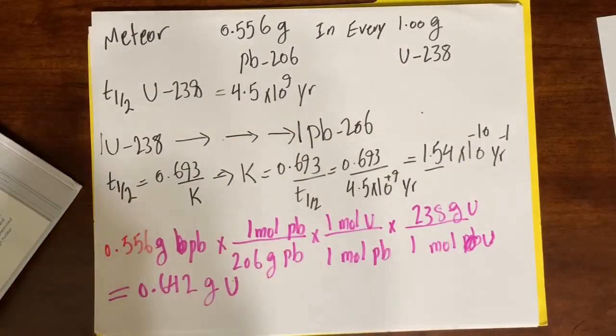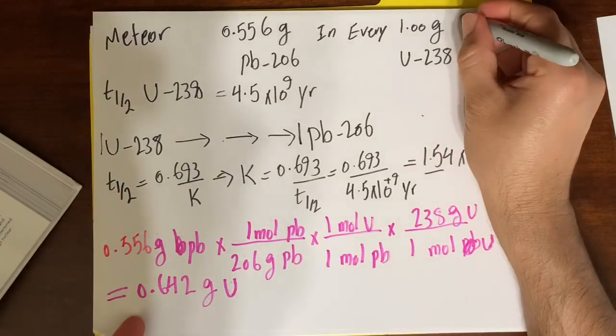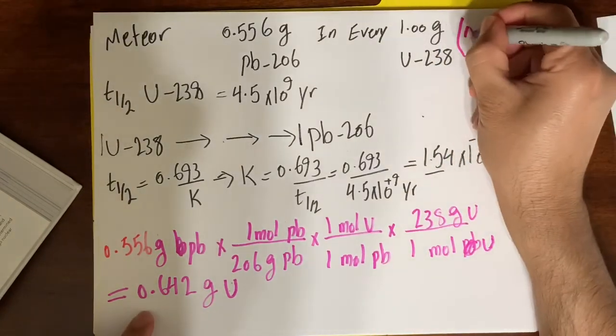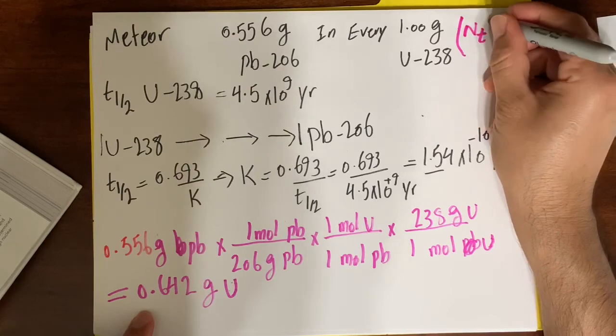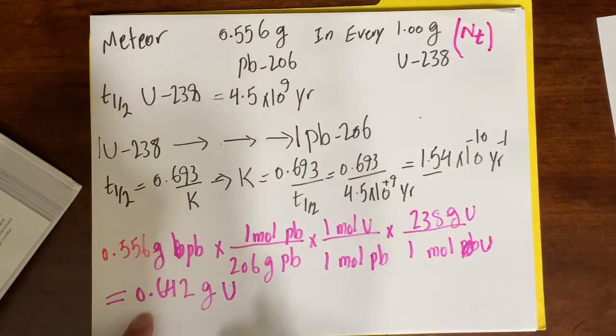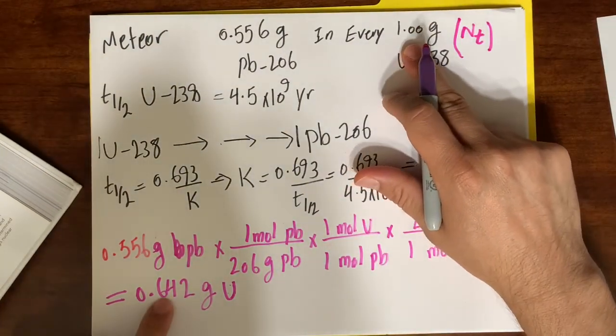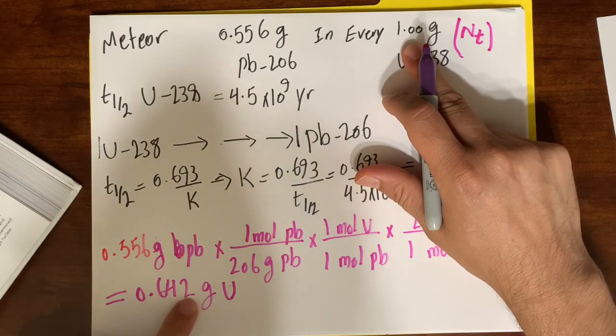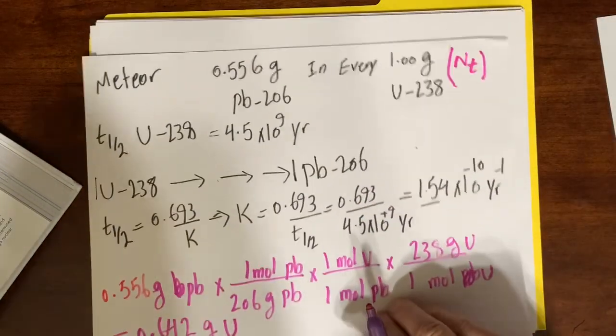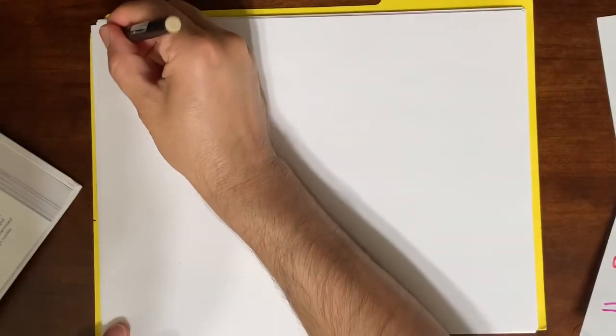Current, it will be 1. So you call this one NT, and 1 plus 0.642 is going to be N0. So let's define N0 and NT.